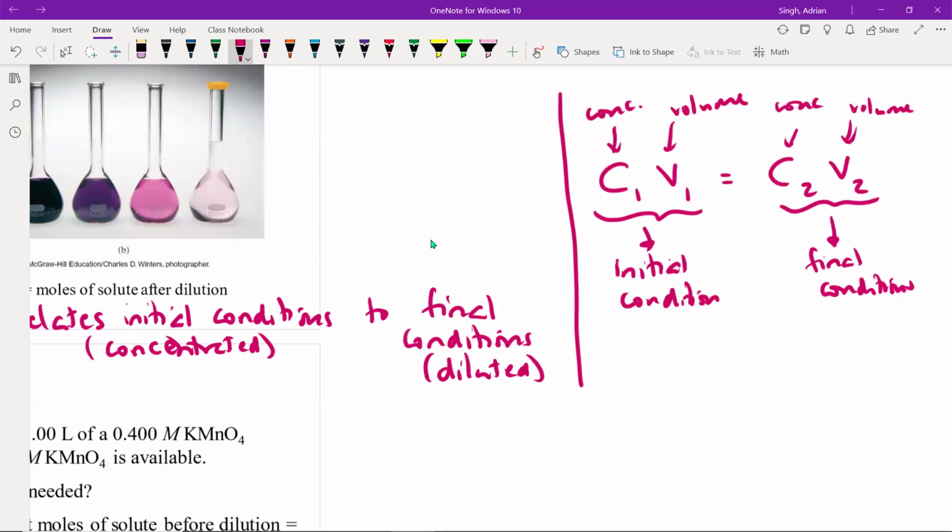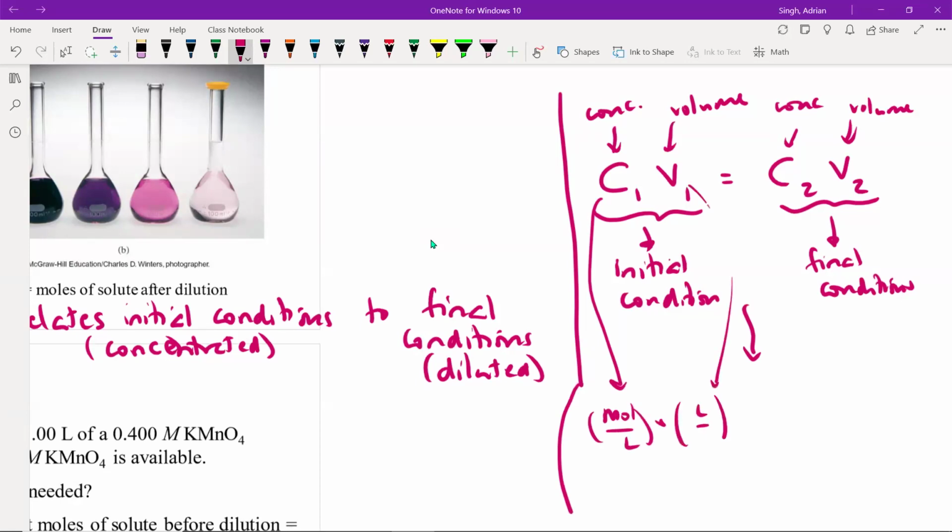And if you actually substitute the units in here, you'll see why the number of moles doesn't change, right? So if I have my initial concentration, let's say moles over liters, and I multiply that by my initial volume in liters, the liters cancel out, and I have moles on this side. So let's say moles initially.